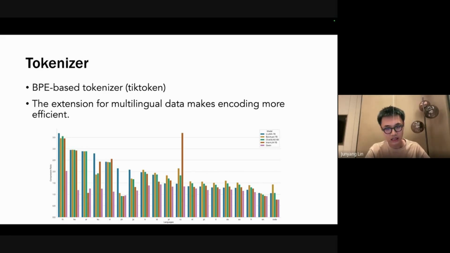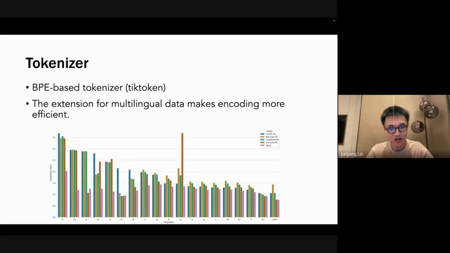We compared the Llama tokenizer and some other tokenizers from other models. At that time, most of the open source models trained from scratch were from China, so we made some comparisons with ChatGLM, Megatron, and others. We found that in our design of the tokenizer we are using tiktoken, because we believe in OpenAI.